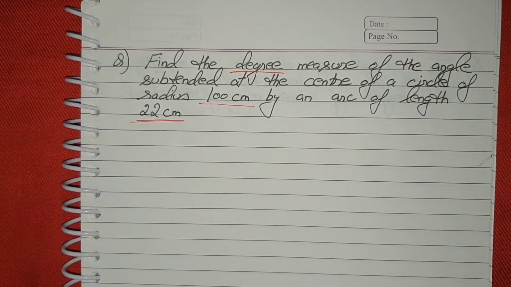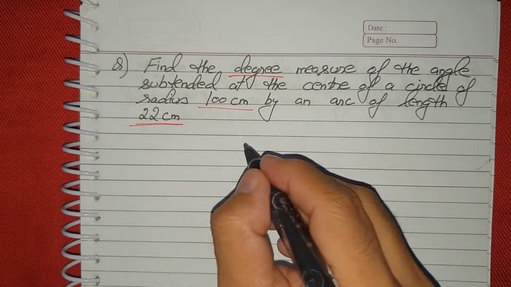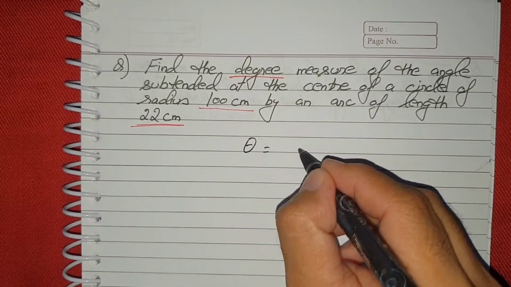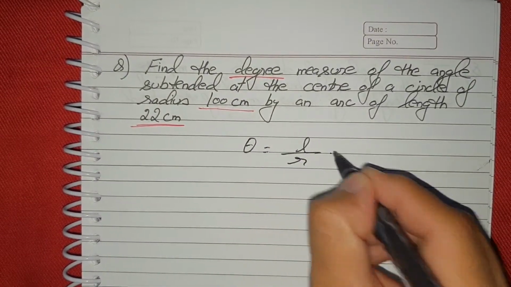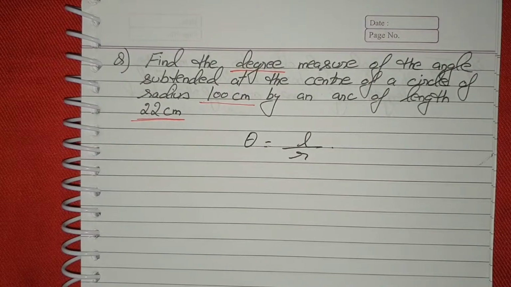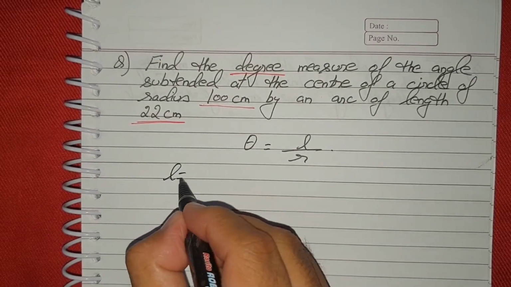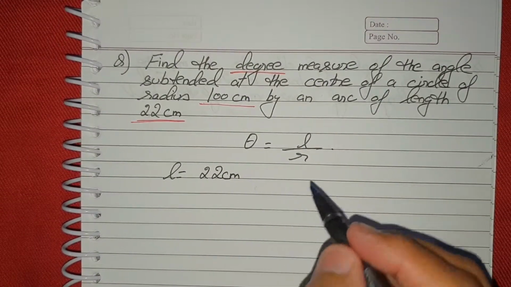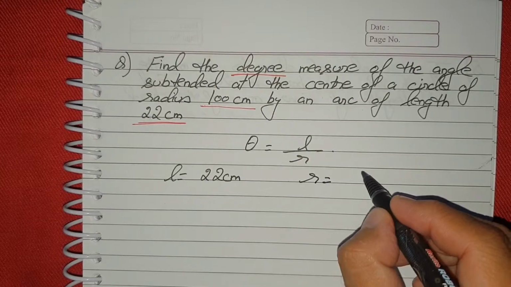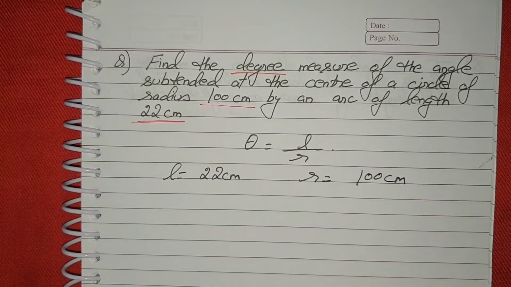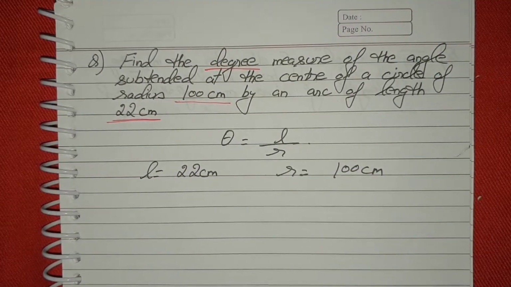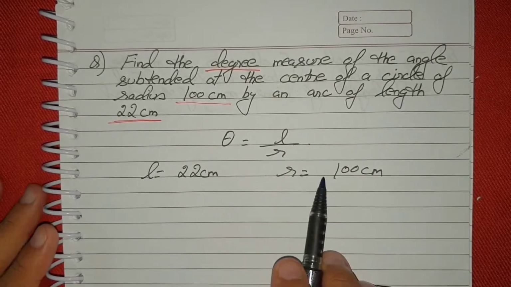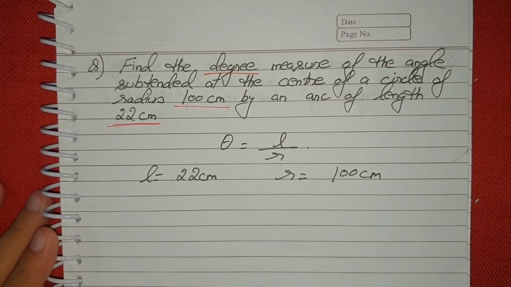Now in this case, the formula that we'll be using is theta equals L by R. Now what is given to us? L is 22 centimeter and R is 100 centimeter.